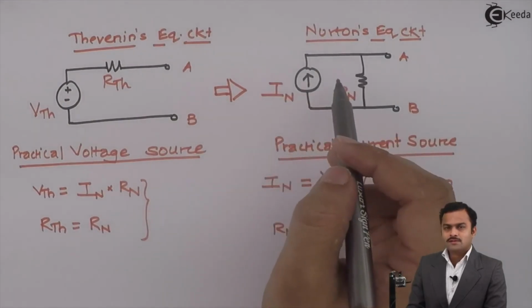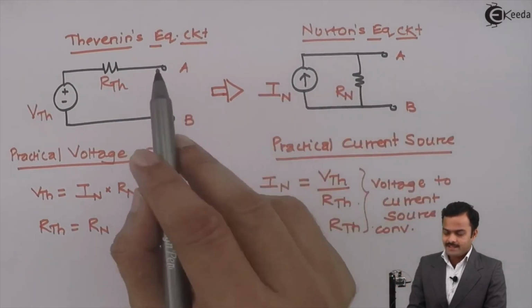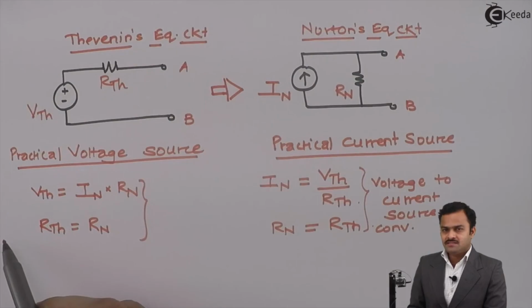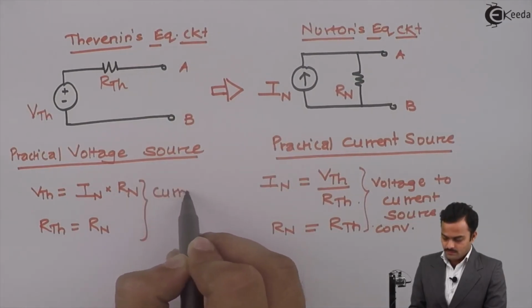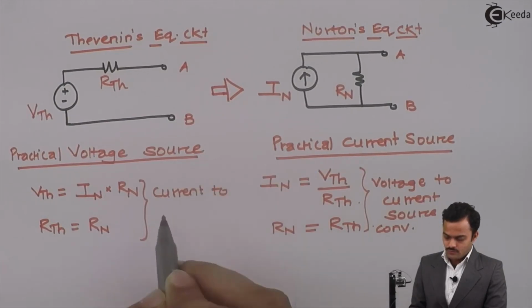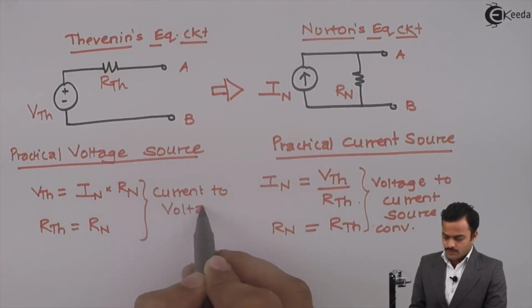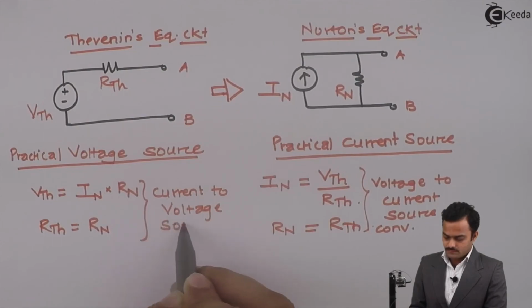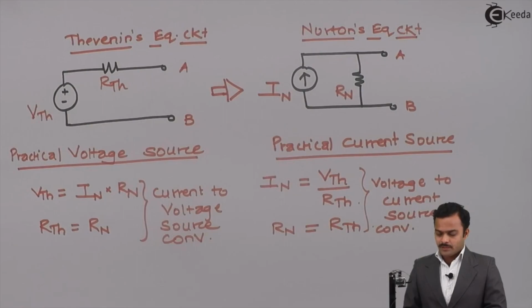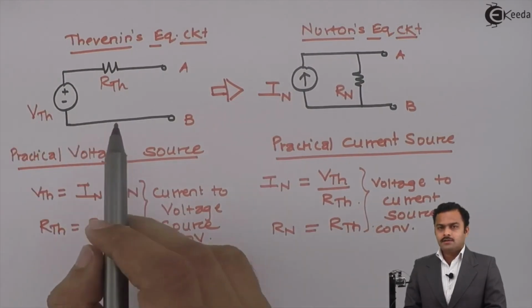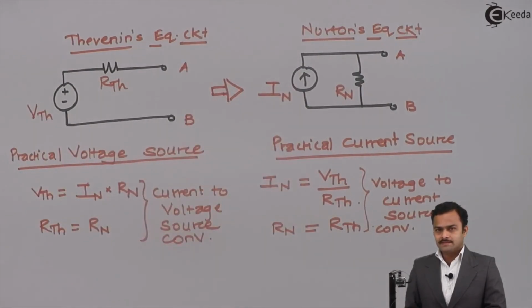If I know Norton's equivalent circuit, I can get the equivalent Thevenin's circuit. So here it is current to voltage source conversion. So this is the relationship between Thevenin's and Norton's equivalent circuits. In subsequent videos, we will solve numericals based on Norton's theorem. Thank you.